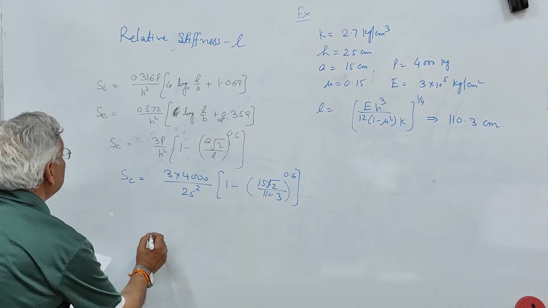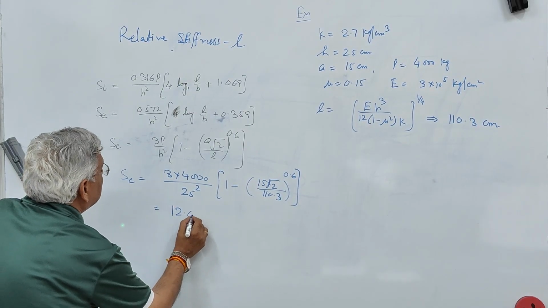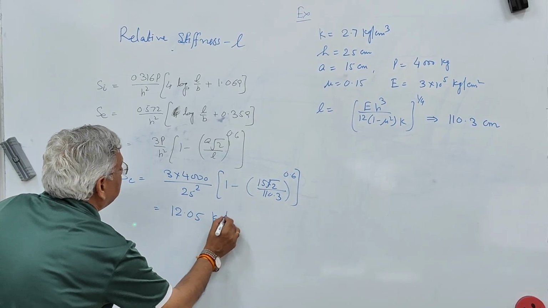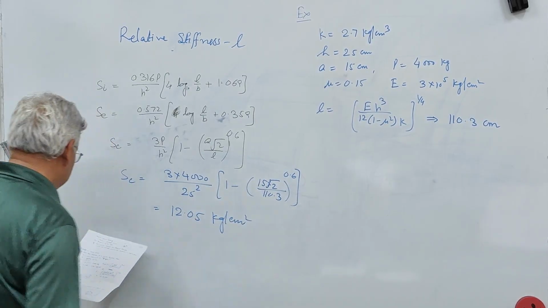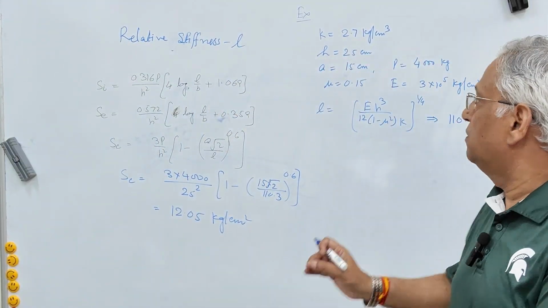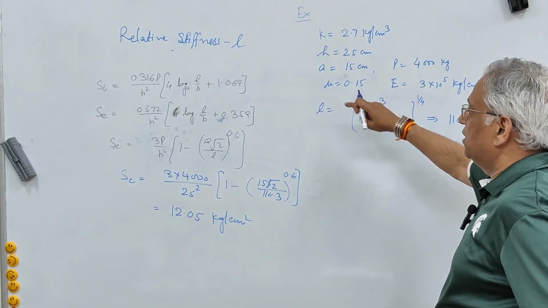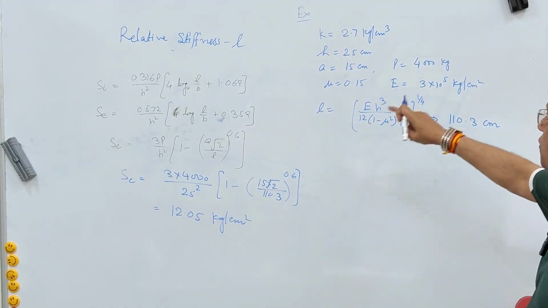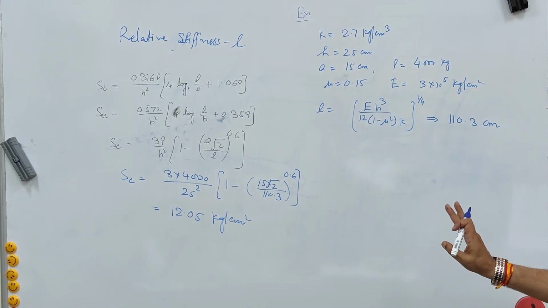This is equal to 12.05 kg per centimeter square. This is the stress which will be created by this wheel load when it is applied at the corner of the slab of 25 centimeter thickness.